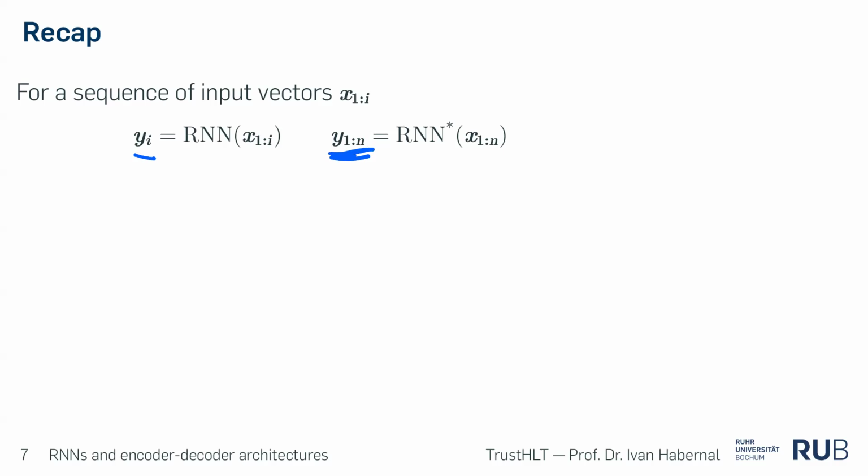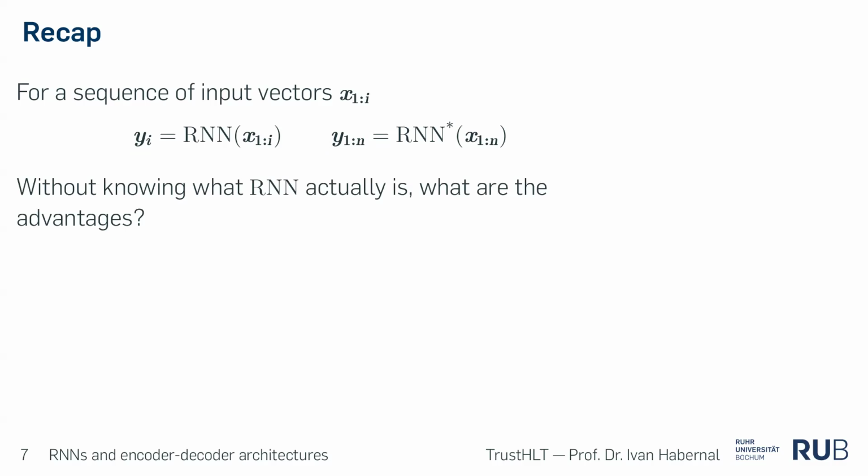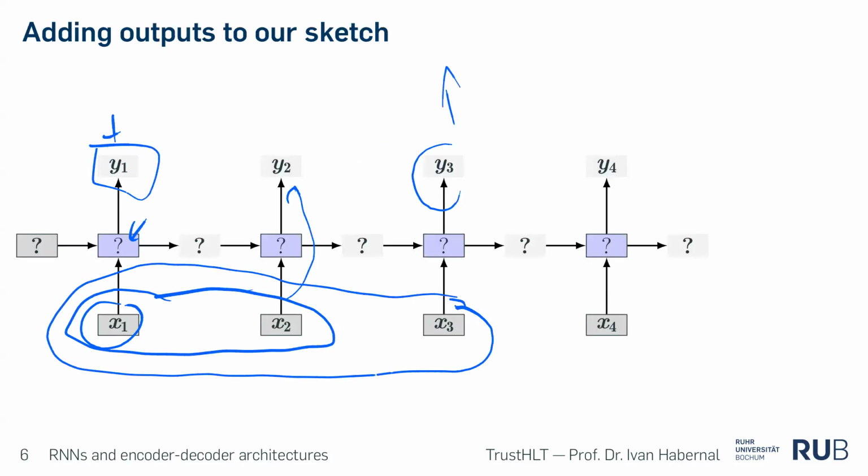We still have question marks in this architecture. We still don't know what these tiny little details are, but what could be the advantages so far? If you think about this, what are the advantages of this architecture?